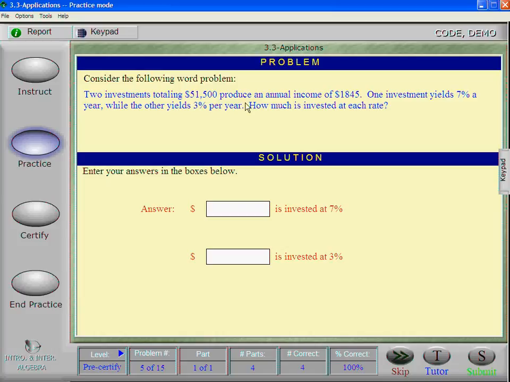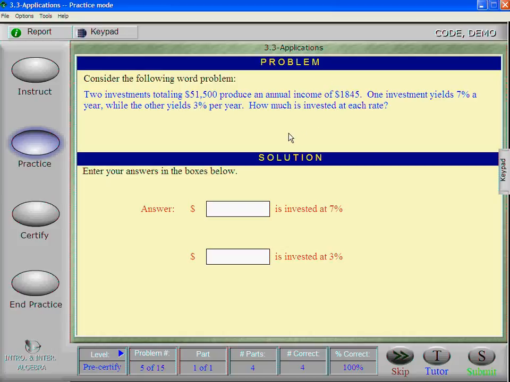What split do I use towards 7% and 3%, so that when I multiply those X's and Y's by 7% or 0.07, and 3% or 0.03, what would be the split that would give me 1,845?